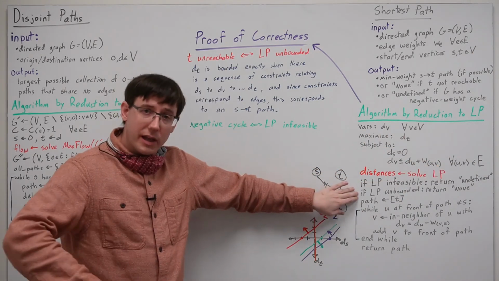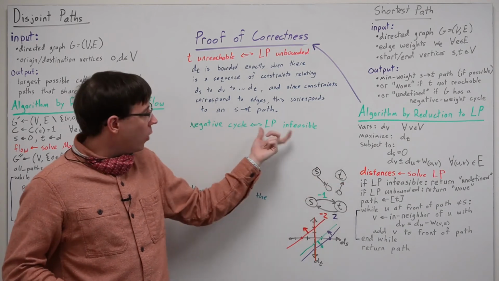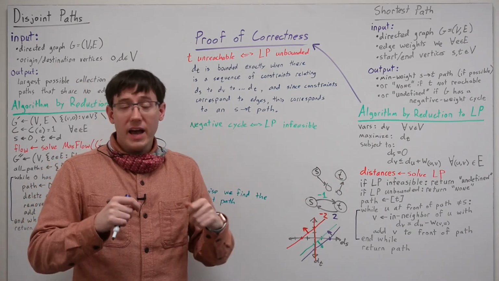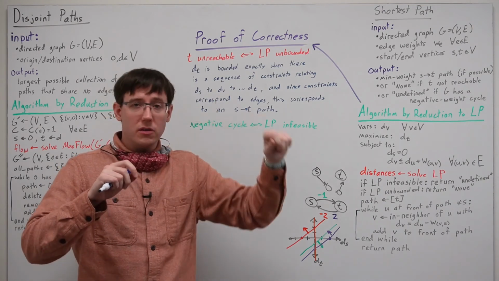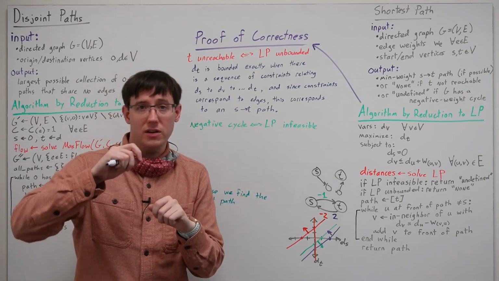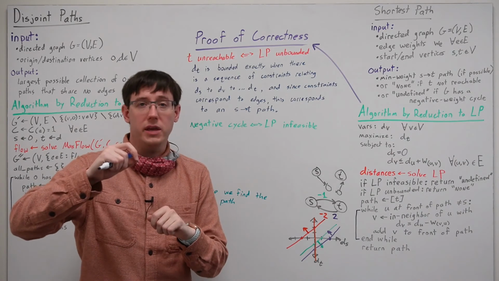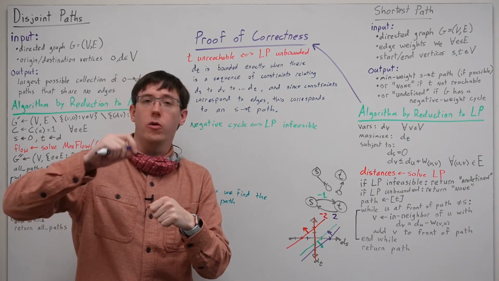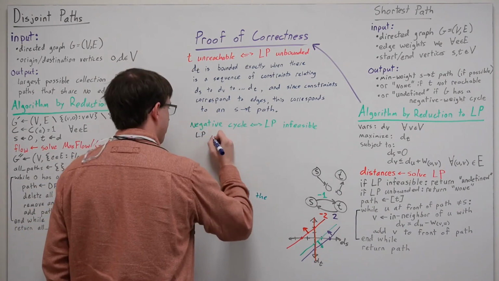For the negative cycle case, we can think about what causes the linear program to be infeasible, and that happens when there is a sequence of constraints that forces the distance of v to be greater than the distance of u, and the distance of u to be greater than the distance of v.